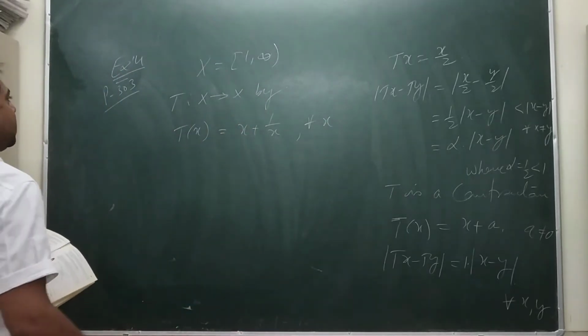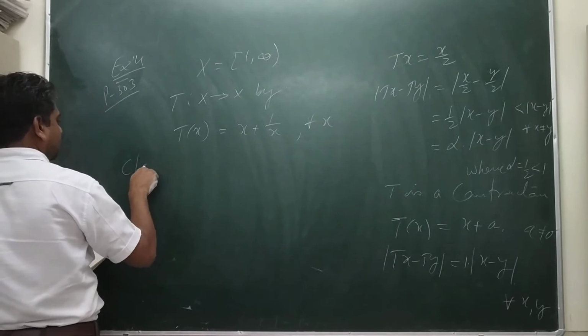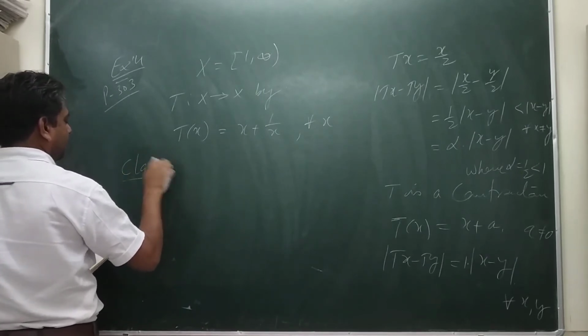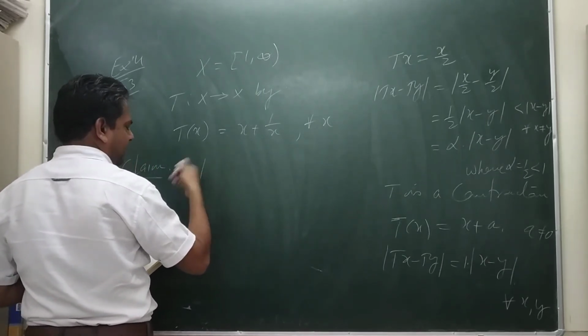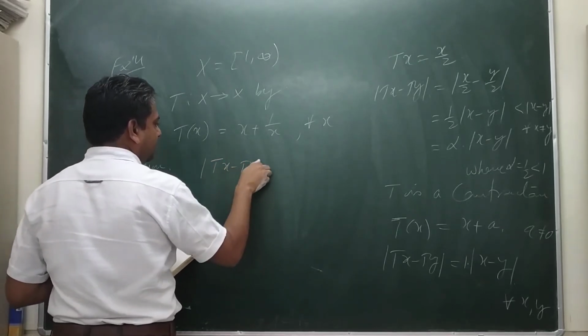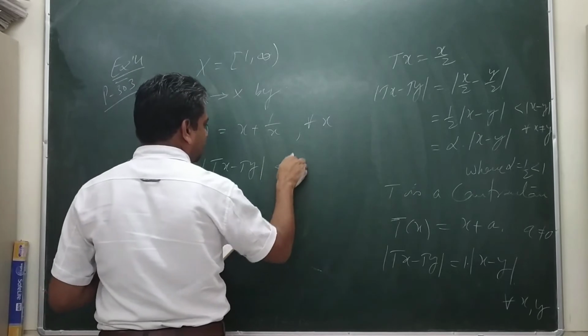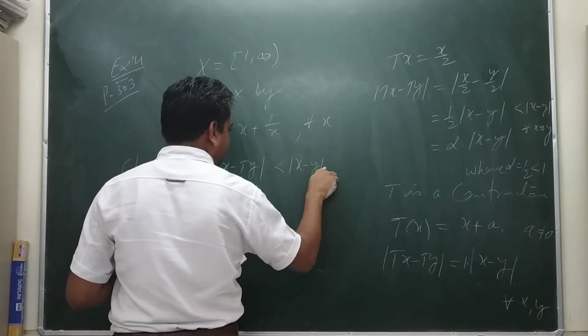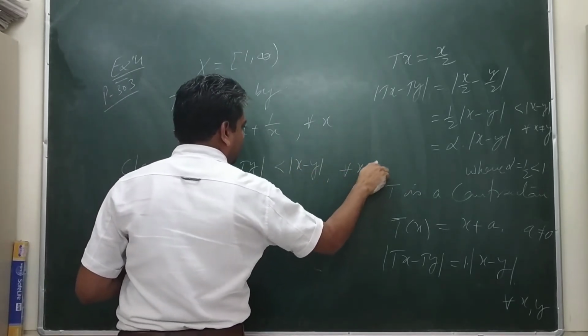So the claim is that, because my metric is the usual metric, |Tx minus Ty| is strictly less than |x minus y| for all distinct x and y.